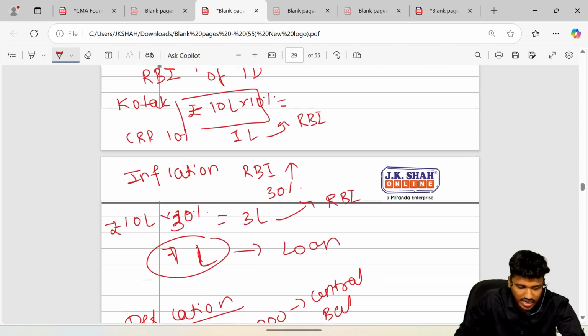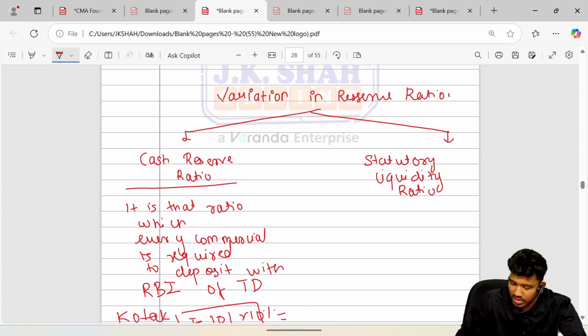So it was being conducted that way. Nextly guys, moving forward, that is statutory liquidity ratio. What is statutory liquidity ratio?